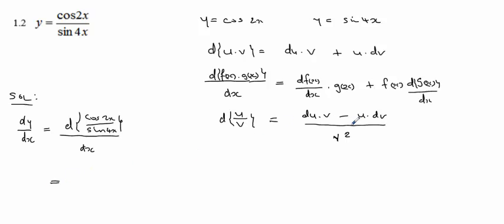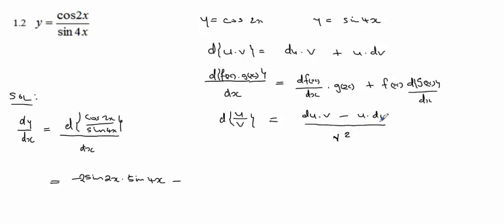Now applying the rule as it is there, what would we have? We would have the derivative of the numerator, which is u, in this case that will be minus sine 2x multiplied by 2, which is the derivative of the argument of cosine here. So we can insert 2 here, then multiply by sine 4x, minus, the minus, which is the formula here.